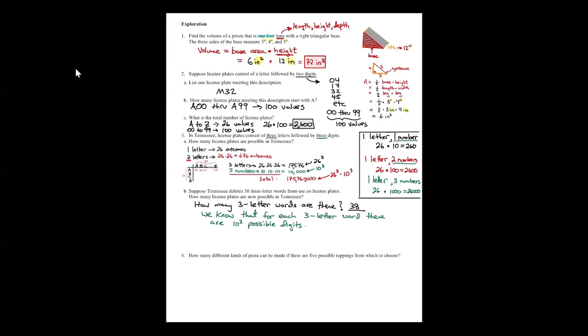So basically we're kind of creating a ratio, all right? And so that's another application of multiplication. And we'll talk more about that, we'll formally discuss that. But for now, it's basically saying, okay, well, if 1 corresponds to 10 to the third possible digits, what does 38 correspond to?